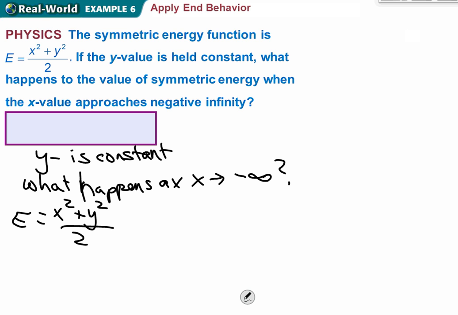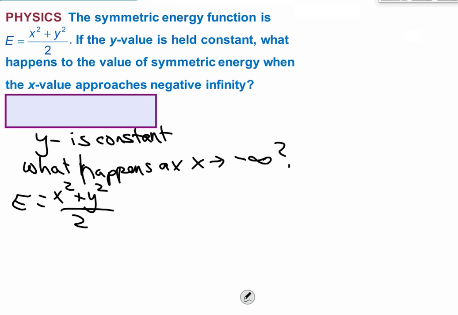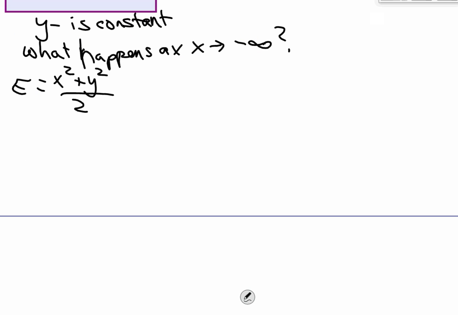Again, I can make y 1, I can make y 1 million, and long term it's truly just not going to matter. So I can just set y equal to 1, or a value of your choice. Might as well make it easy for myself. Then e is equal to x squared plus 1 over 2.